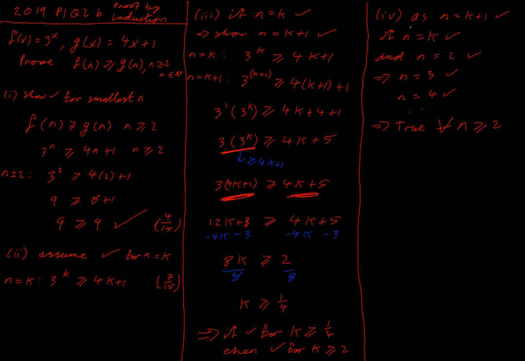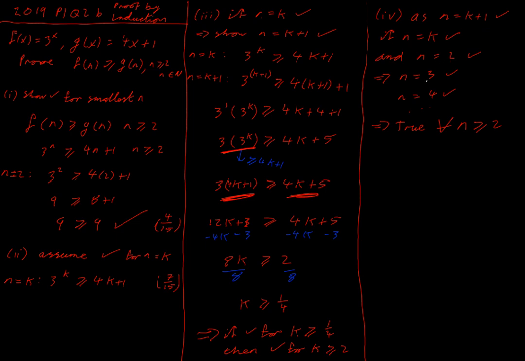So what I'm stating is I've shown that if something is true for a particular value of n, it must also be true for the next value of n. The next consecutive value of n would be another way of putting this in English. If it's true for a particular value of n, it's true for the next consecutive value. And I showed that it was true for the smallest value of n I was interested in, n equals 2.